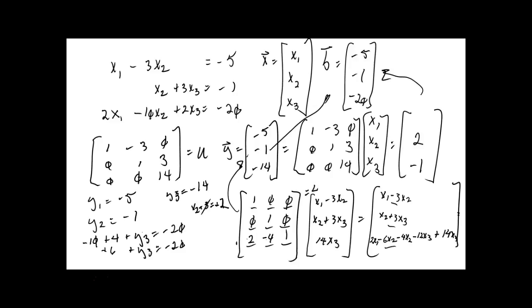It's not the product of these. The product of these is that. What we're doing is finding out what this is. So I just don't have enough room to write it. So x1 minus 3x2, well, x2 was 2, so that's minus 6. x1 minus 6 is equal to minus 5. So what would that be? Add 6 to both sides, and you get plus 1. 1, 2, negative 1. Okay.